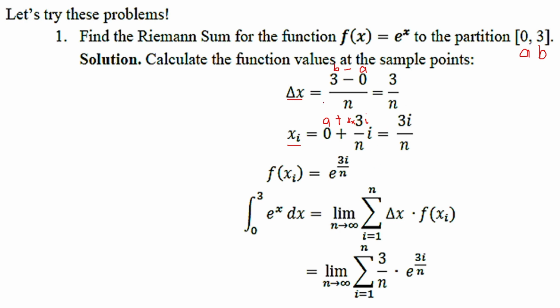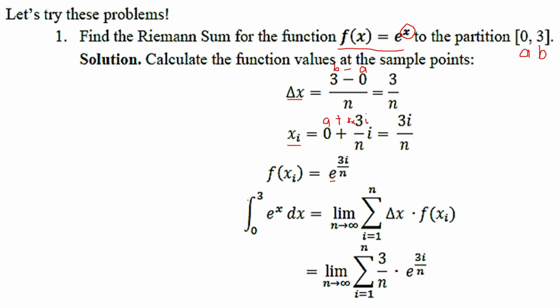If we add this, we get 3i over n. So when we have f of x sub i, as you can see in the given, e is our f, and you just substitute the value of x sub i, 3i over n.